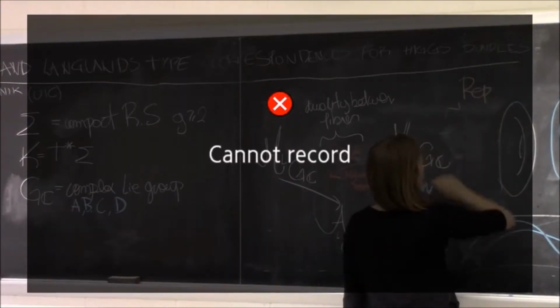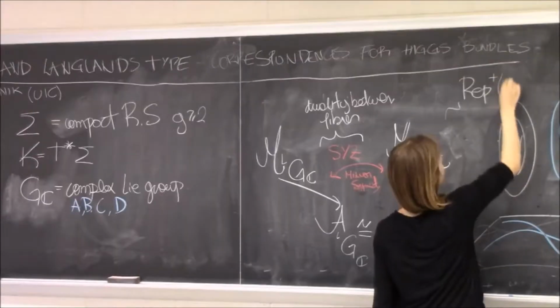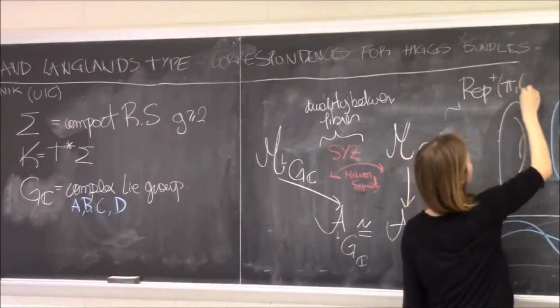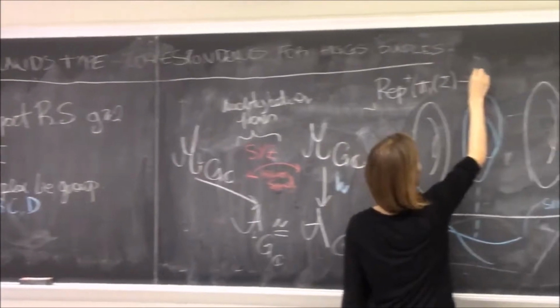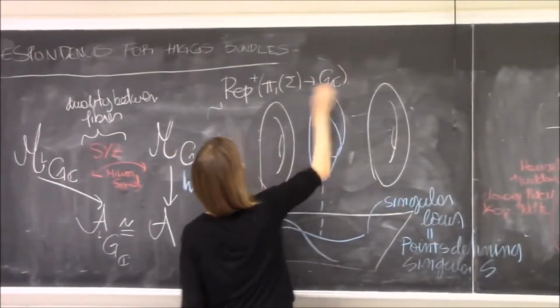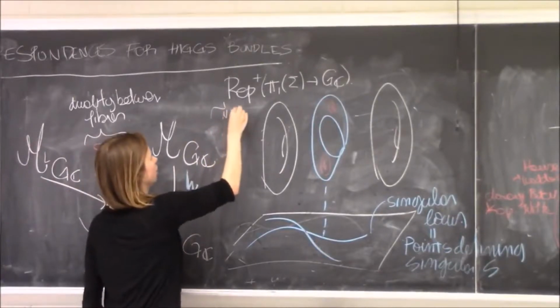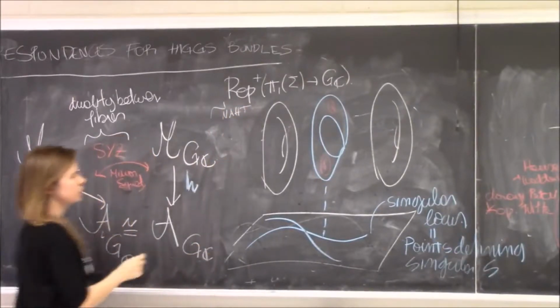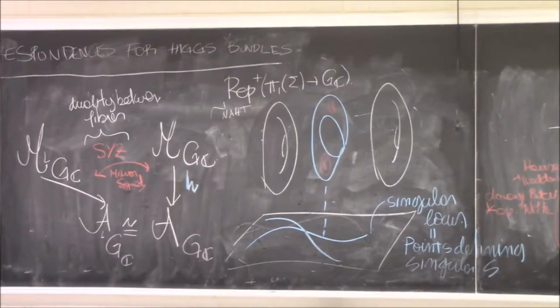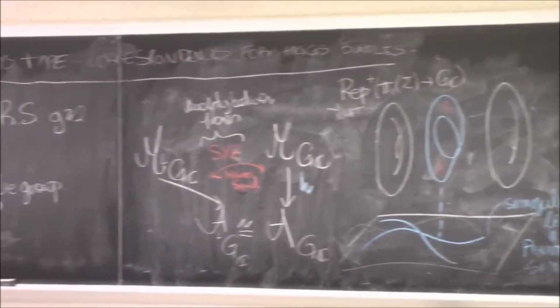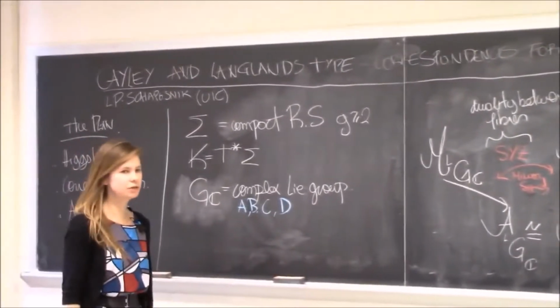There's the relation with reductive representations of the fundamental group of the Riemann surface into the group GC. So this is through non-abelian Hodge theory, work of Simpson, and Donaldson, and Corlette, and Hitchin, back from the 80s also.